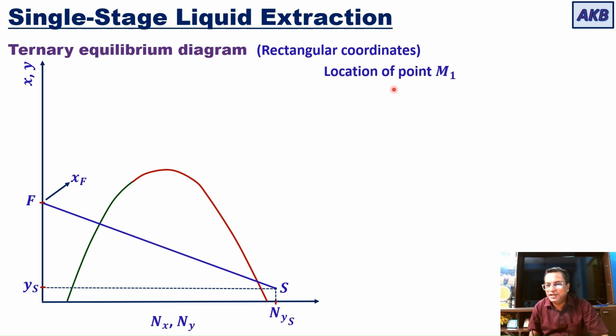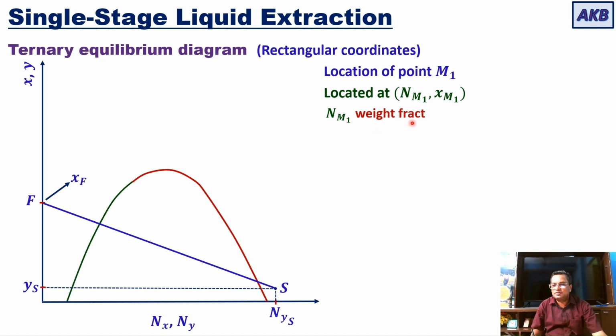Now, we need to locate point M1. For locating point M1, we are going to use this coordinate. Point M1 will be located at a point which has coordinates of nM1 and xM1. What is nM1? This is the weight fraction of B in the mixture. And xM1 is the weight fraction of C in the mixture. So, you have the equation, you can find the value of xM1.